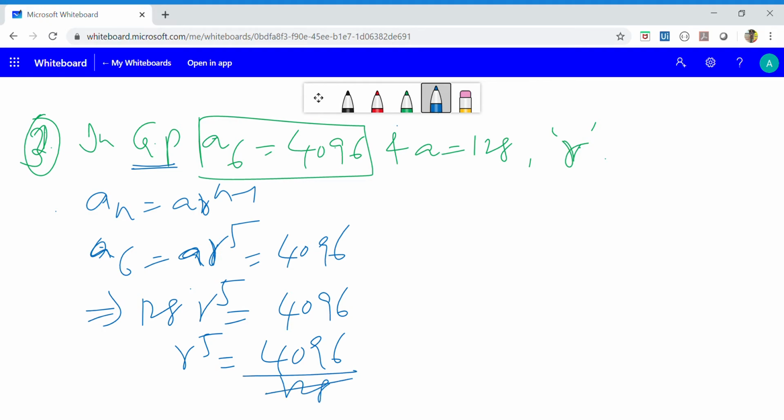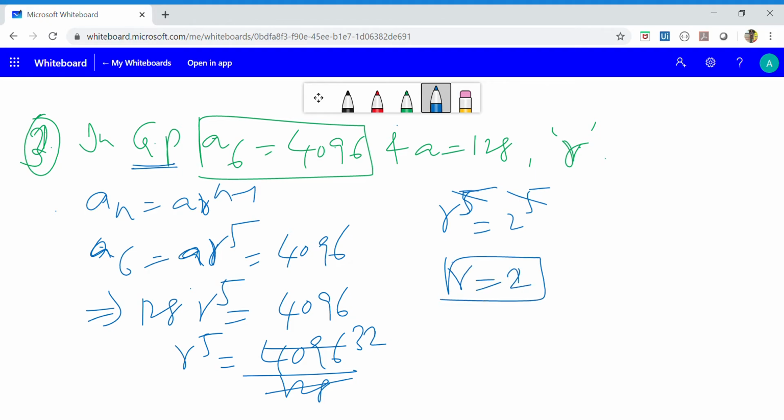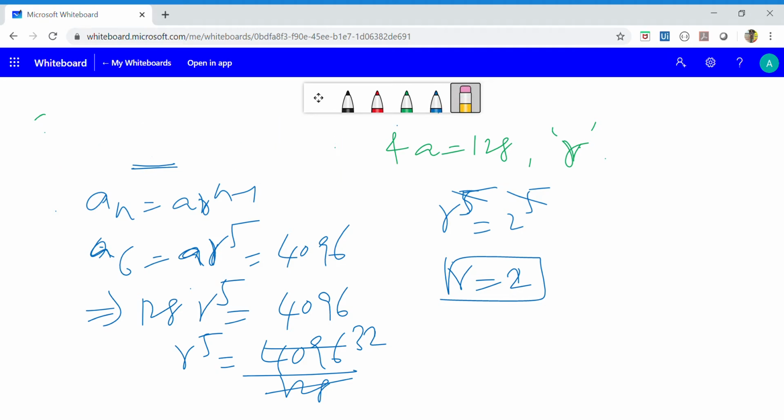It will go 32 times, or you can cancel with the 4 table, 8 table like that. So r to the power of 5 is equal to 2 to the power of 5. And since the powers are equal, the bases are equal, so r is equal to 2. So the r value you can find out without being given any other values.